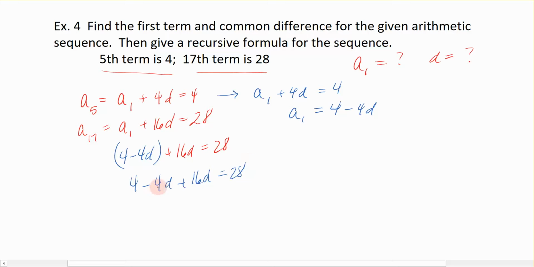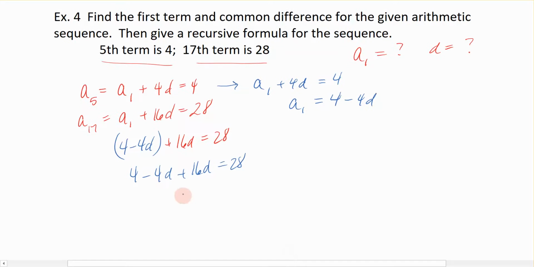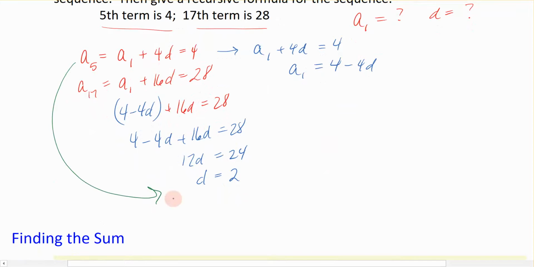So this would be 4 minus 4d plus 16d is equal to 28. I'm going to combine these terms, so I get 12d on the left, and I'm going to subtract 4 from the right hand side, and I get 24. Divide both sides by 12, and I find out d is actually equal to 2. If I know that d is equal to 2, then I can substitute back in.